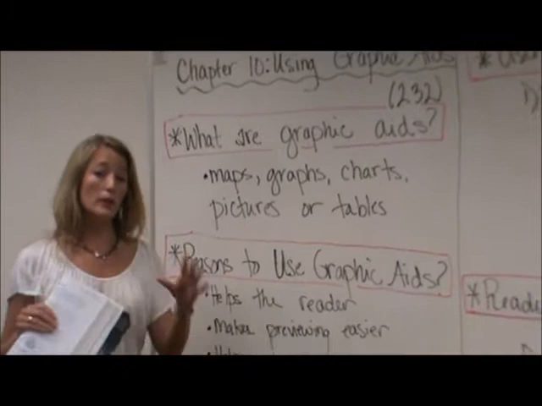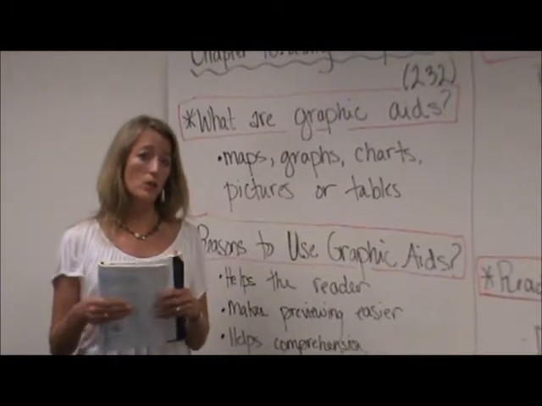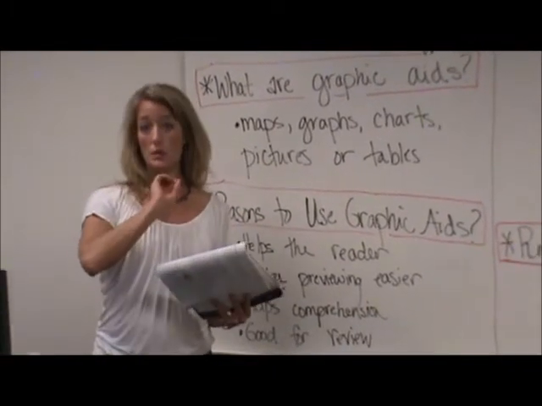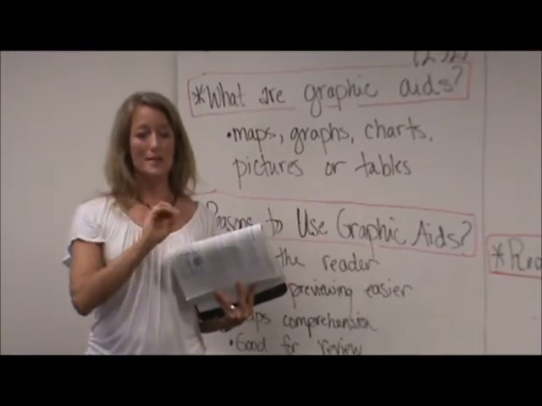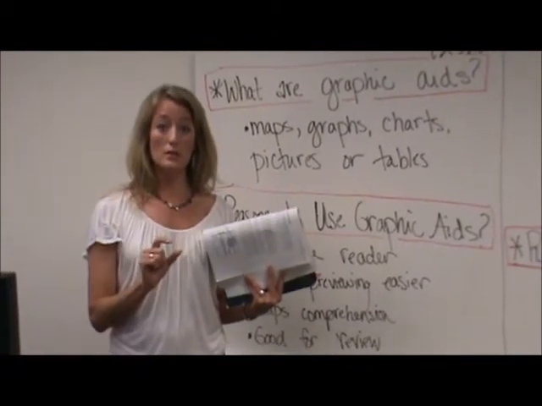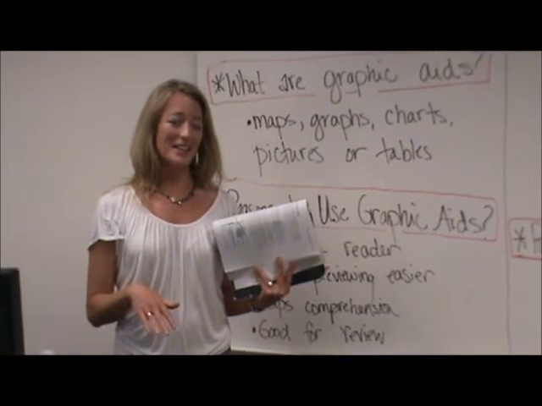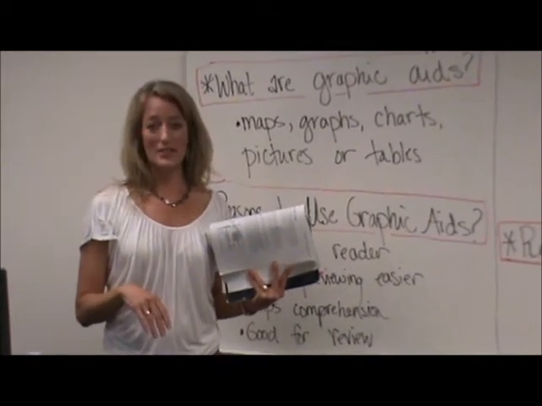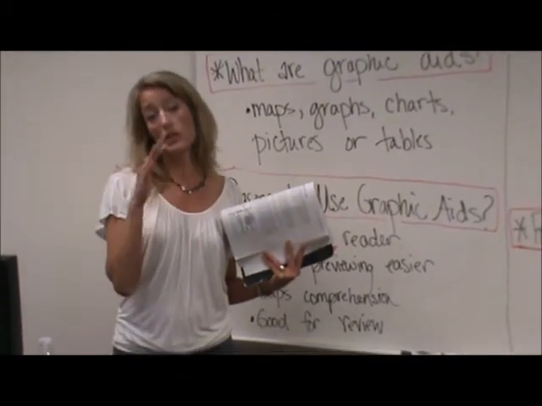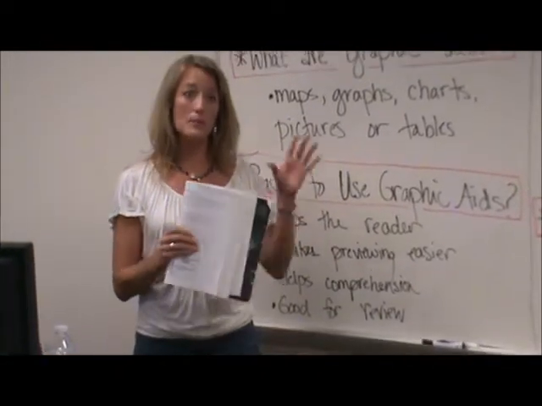When you're previewing something that you're going to read, besides reading the titles and the headings and the subheadings and all of the bold words, you should also look at the graphic aids. So any pictures, any maps, any charts.